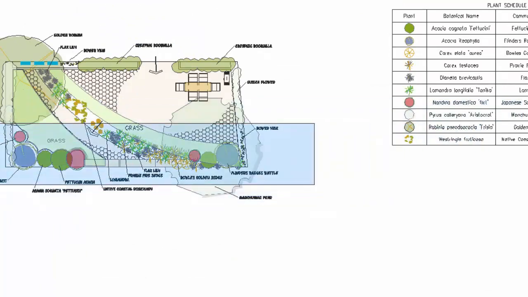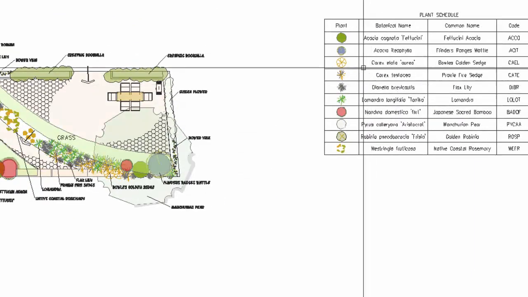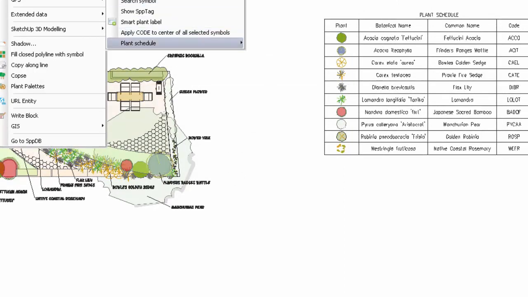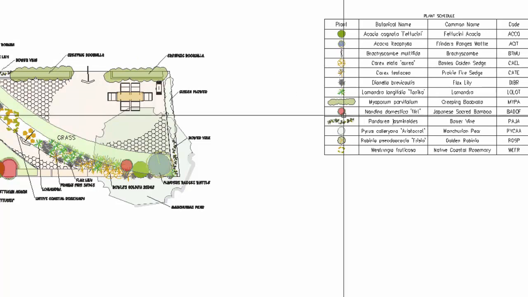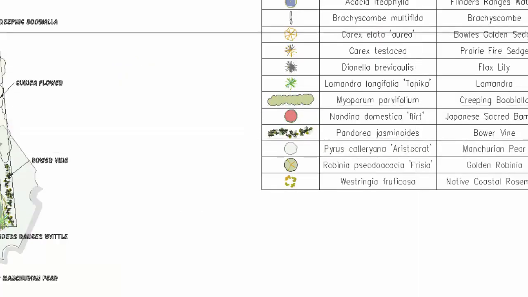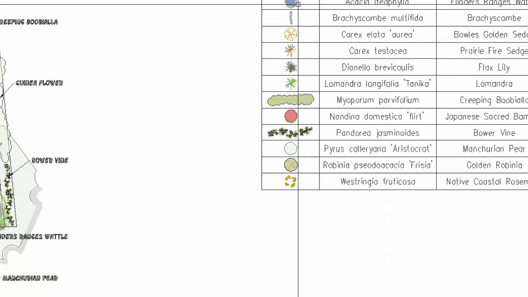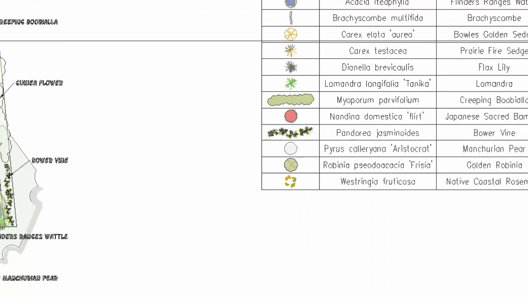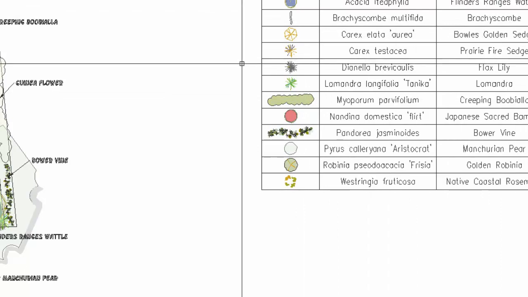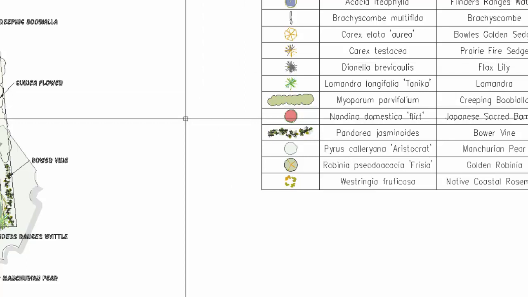The plant schedule is over here, and it clearly doesn't have 13 species in it. So we can say gCADPlus and update that schedule, and the schedule is now updated with the current total of each particular plant used. There's the plant symbol, botanical name, common name, code, and the total, and that will be reflected in the layout for the drawing.